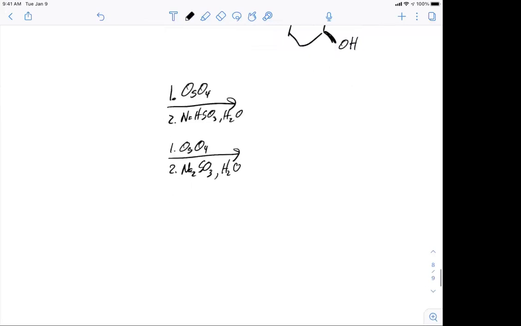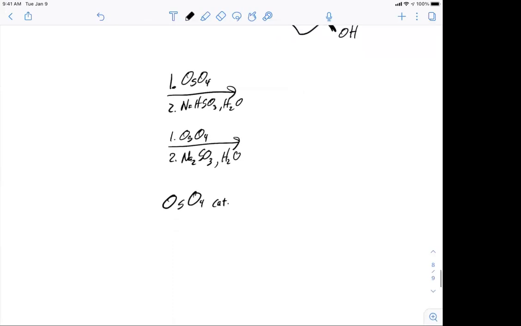The other one is using a catalyst. So osmium tetroxide is toxic. So you know, it's not good to use quantitative amounts. So you can have catalytic amounts of osmium tetroxide with NMO, right?